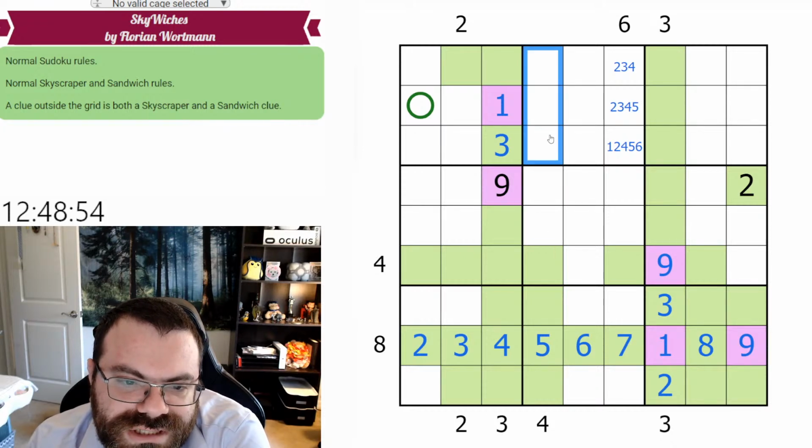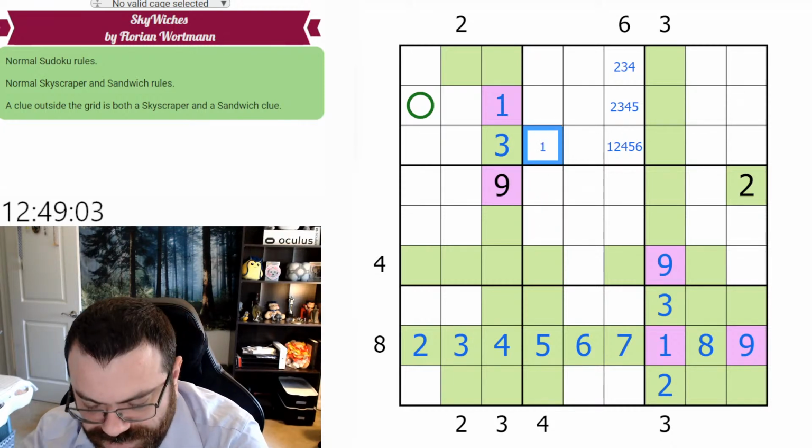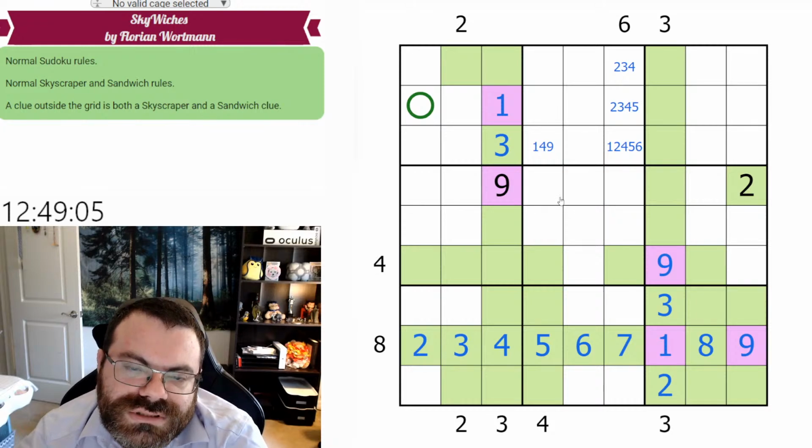So the sandwich is going to be here, here, or here. And so this cell's always involved in it, making it a 1, 4, or 9. That's true.